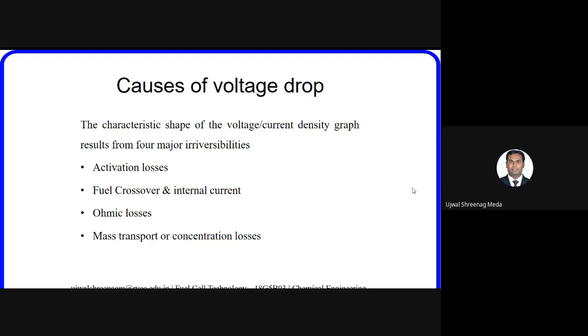Four major types: activation losses, fuel crossover and internal current, ohmic losses or resistive losses, and mass transport losses or concentration losses. These are the four different types of losses.